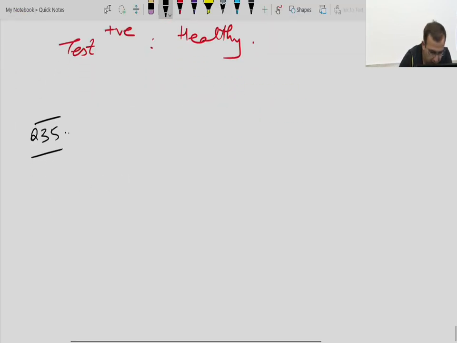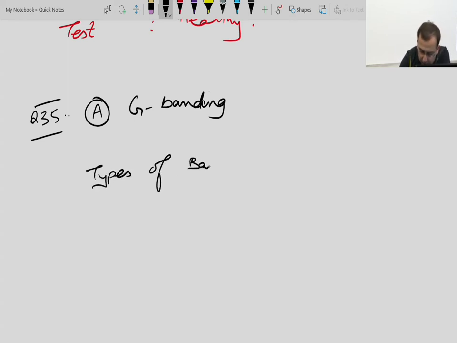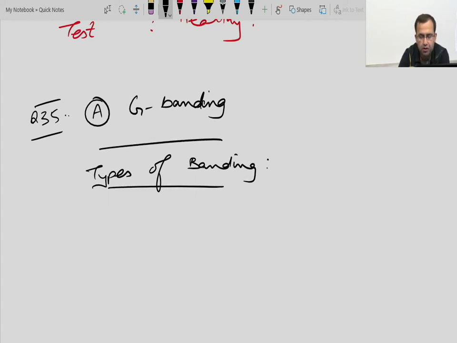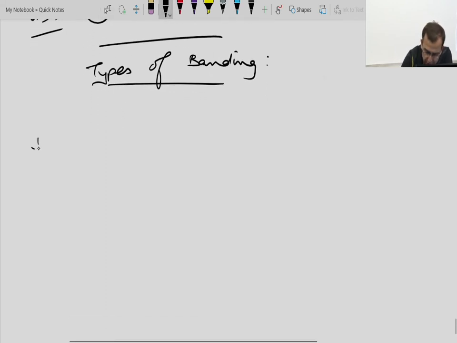What do we mean by this? So let us have a look at the types of banding. Starting with the first one, that is G banding.